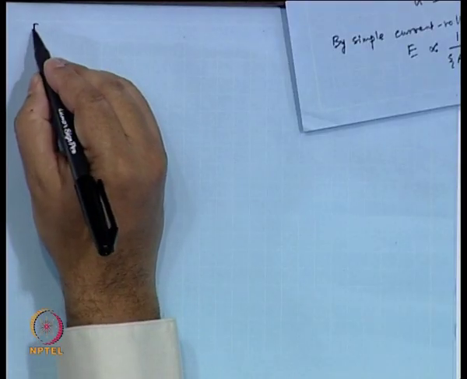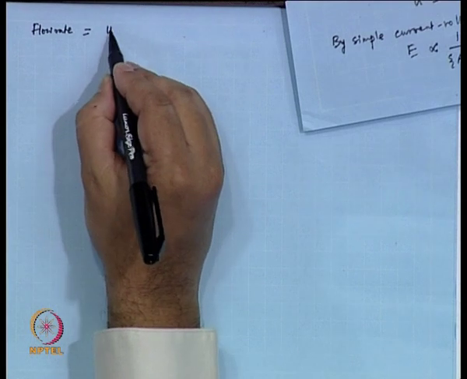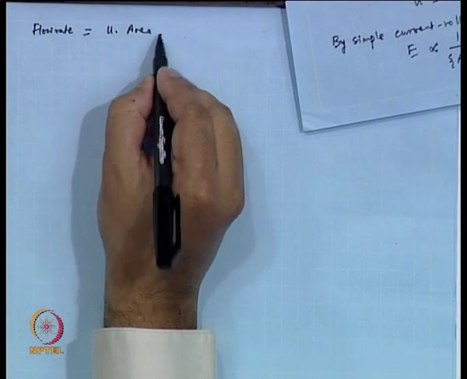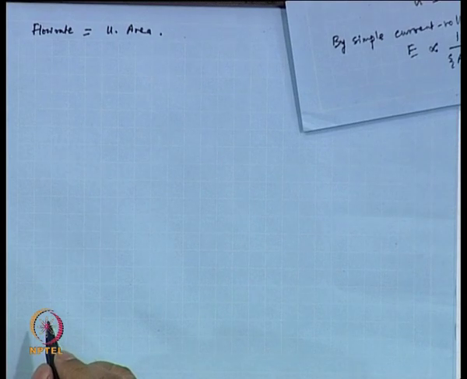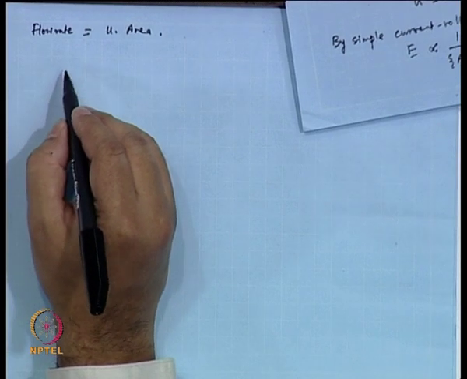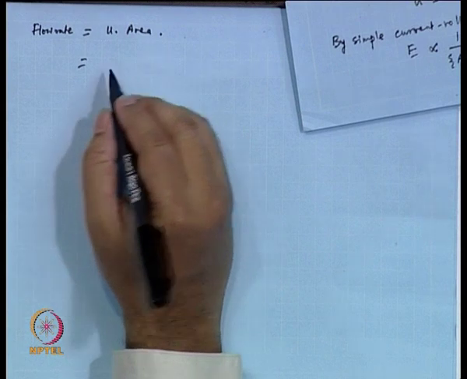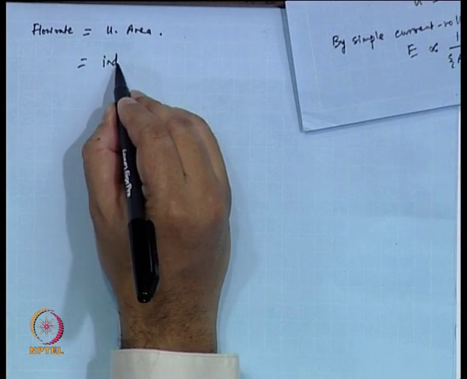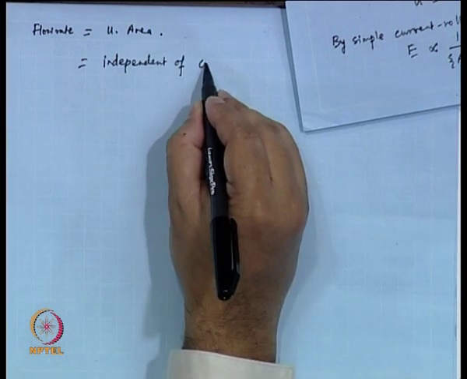Now, on the other hand, the flow rate is basically U multiplied by area. So, since U is inversely proportional to that area, the flow rate will be independent of the cross-sectional area.